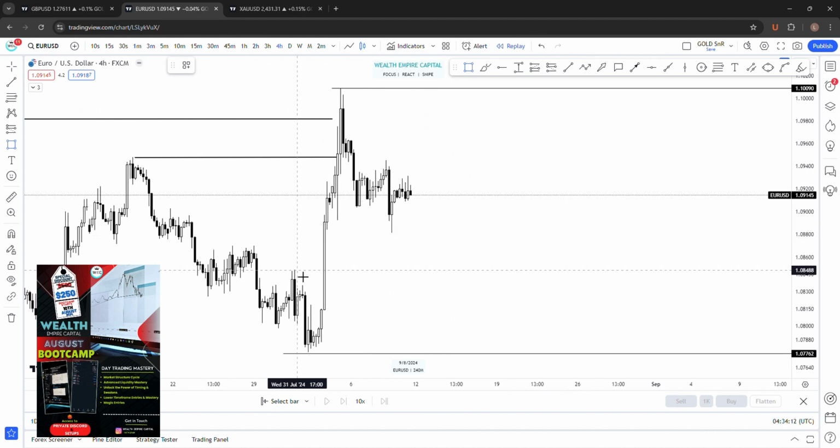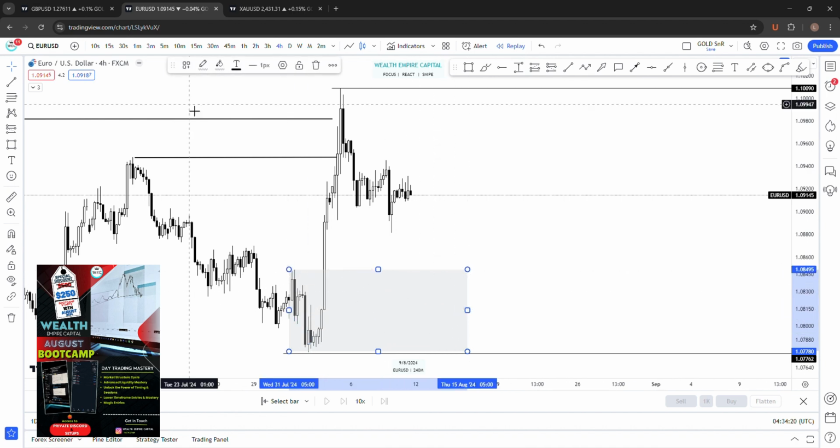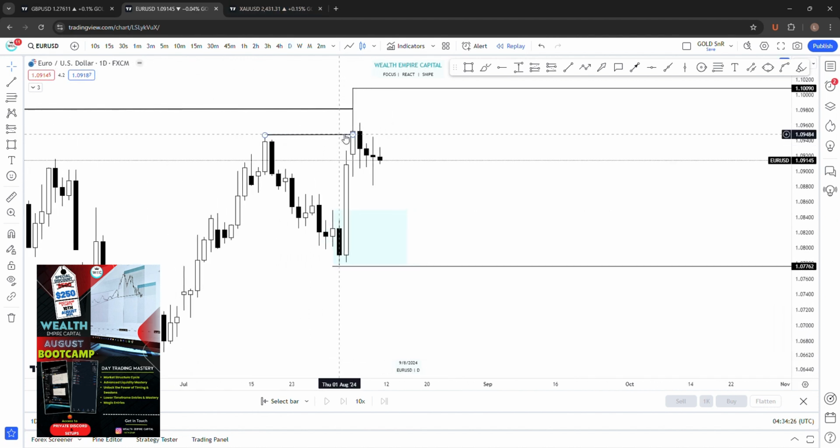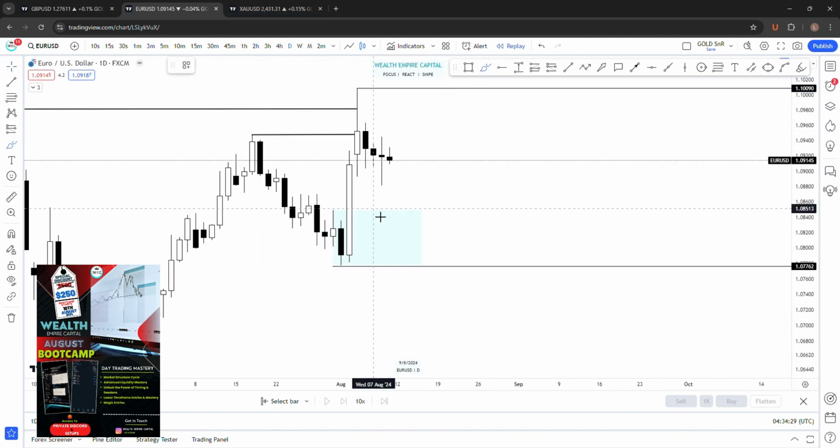This is a point of interest. I know people will be looking here, but no, this is your point of interest. Very simple. Okay, demand. If you go to daily, you're going to see the same stuff. On the daily, people are going to be marking this one, but no, we had break 1, break 2, so this is your guy, not this guy. Okay, so that is it.